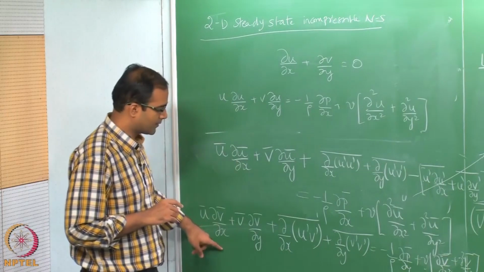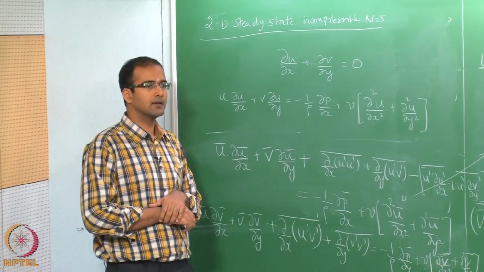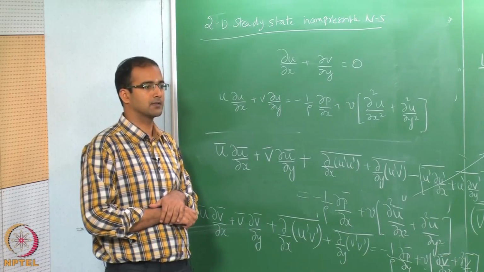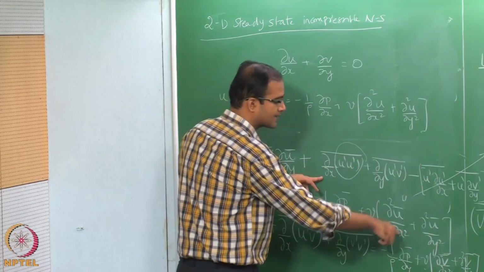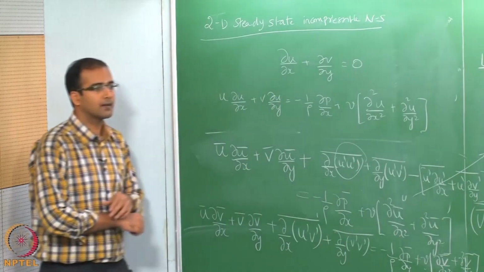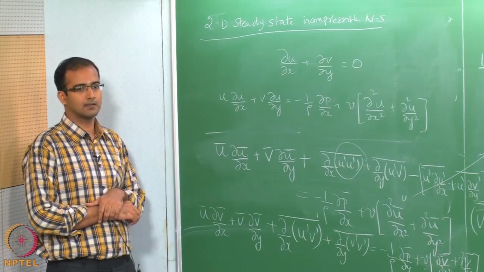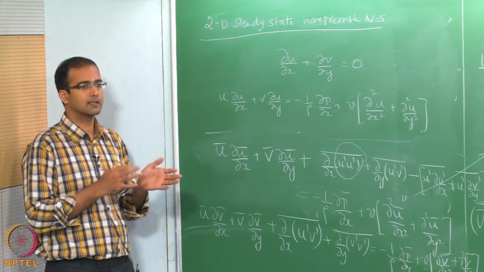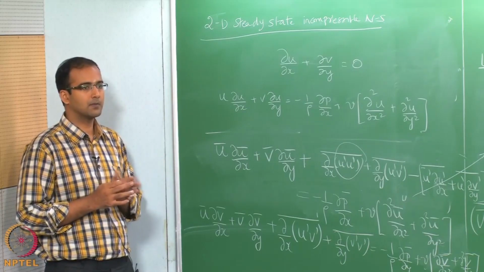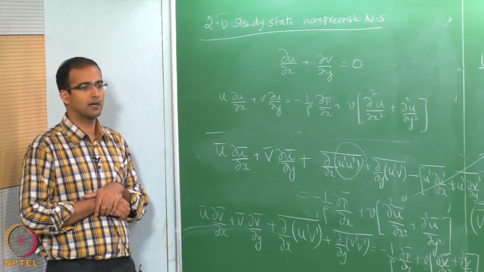If you write the y momentum equation also, you get similar derivatives of the product of the fluctuating components. These can be taken towards the right hand side and clubbed with the existing shear stresses. The shear stresses are nothing but tau xx, tau xy and so on. Apart from that you also have u prime squared bar, u prime v prime bar and so on.